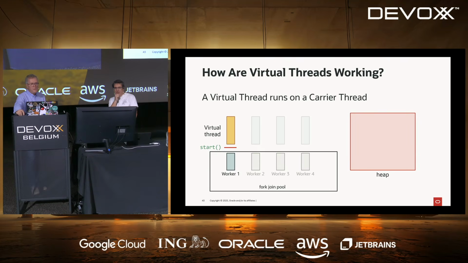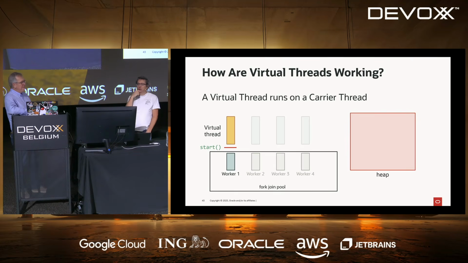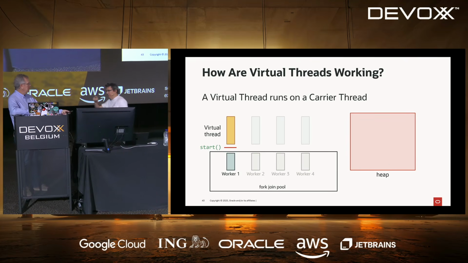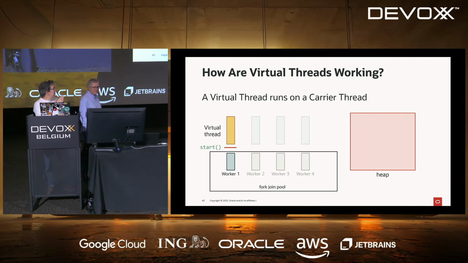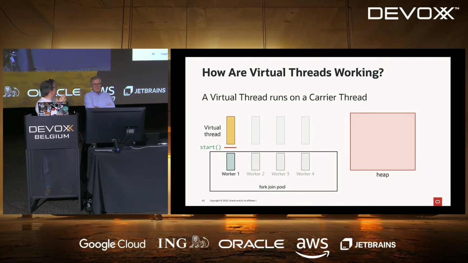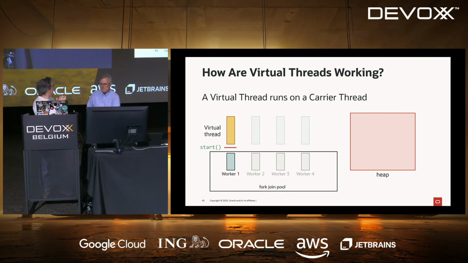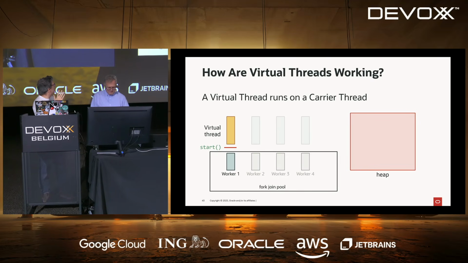So how does it work? We have tried to do some drawing to explain how it works, and it will also explain why we had trouble with the synchronized block. So basically, the way it works, you have your platform thread, and you have some virtual thread.